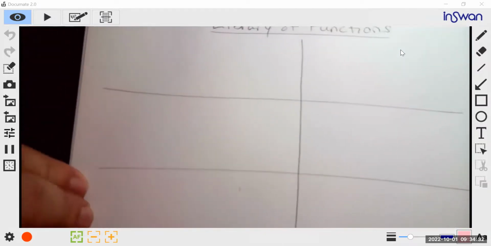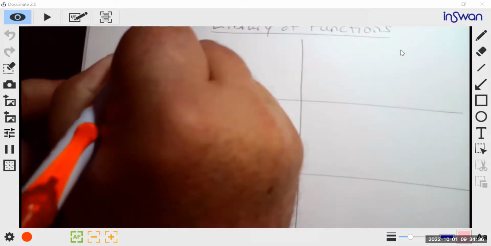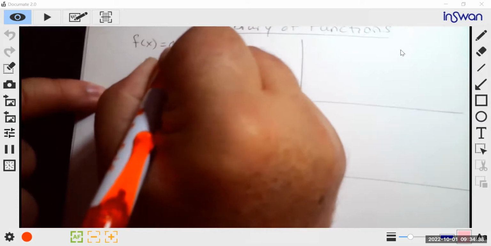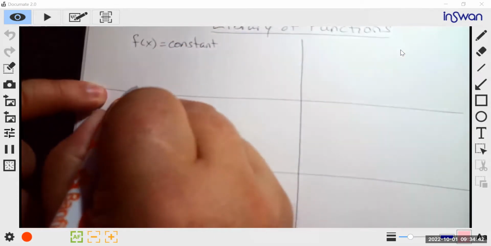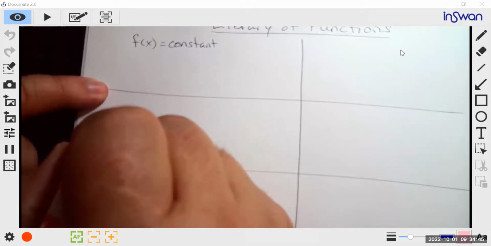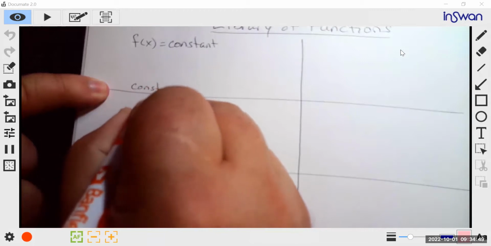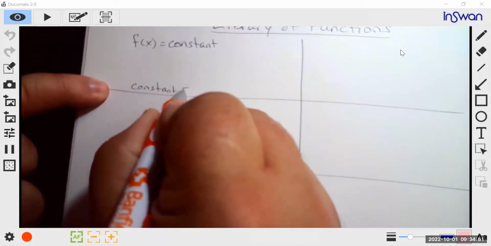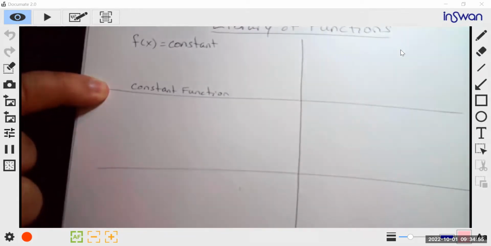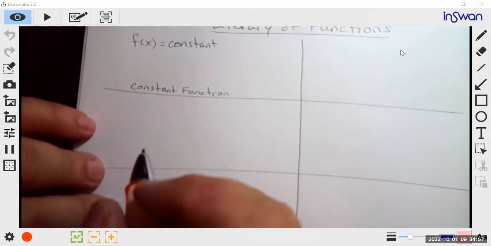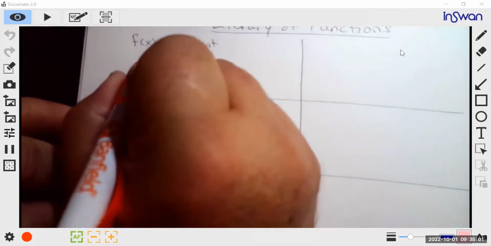All right, let's start with this. The first one is called a constant function. In other words, your equation is just one number.